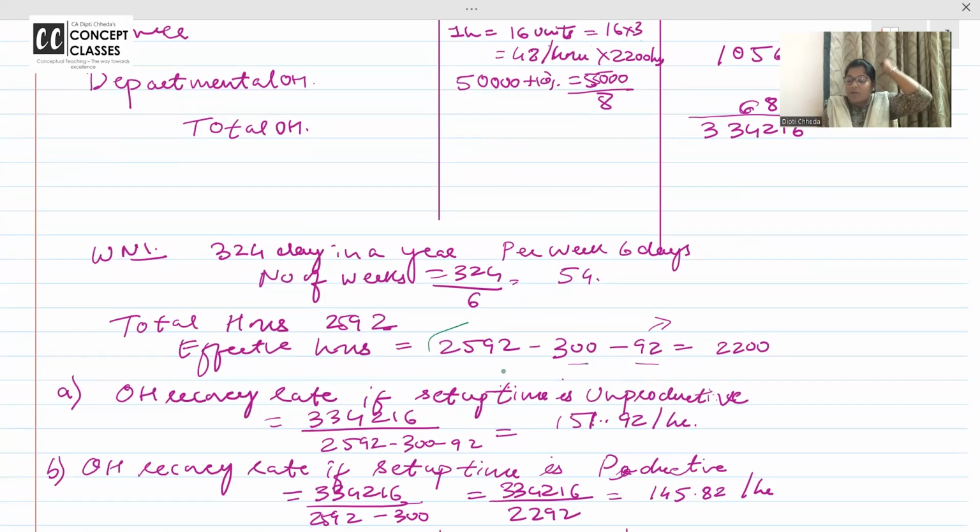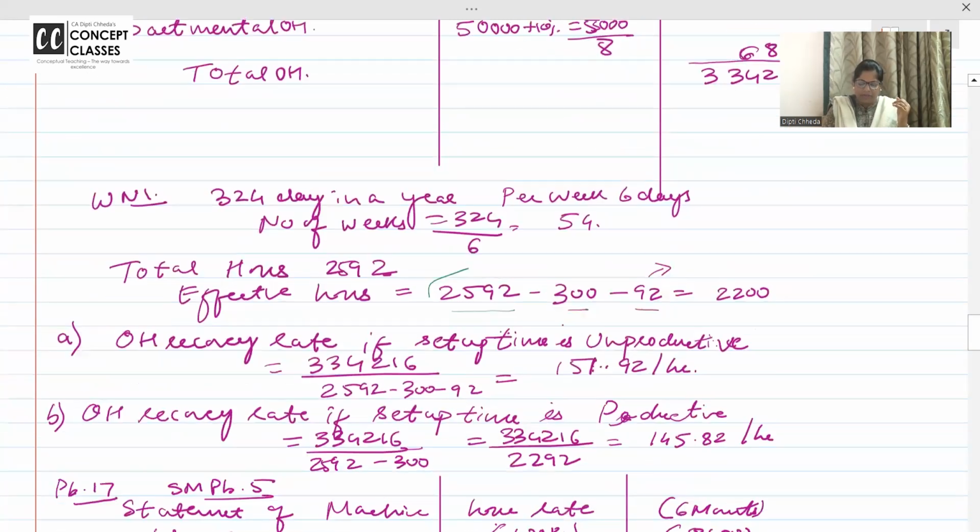When the machine has gone into repairing, that time also expenditure is not there. Though we have operated the machine for 2592 hours, power is required only for 2200 hours.